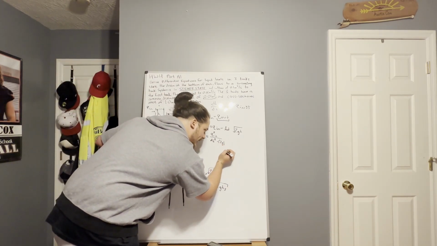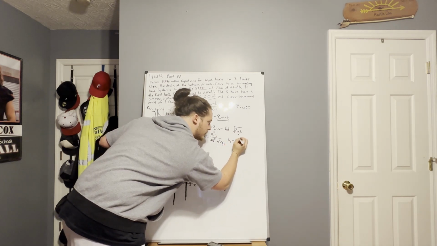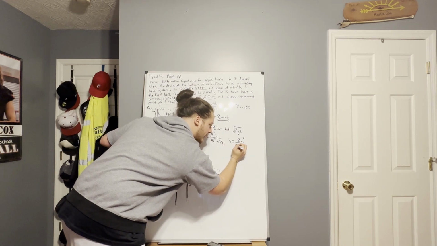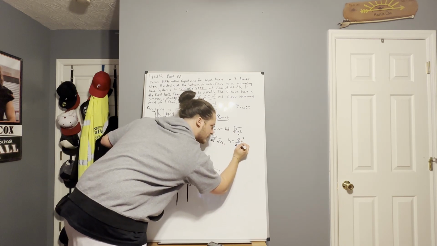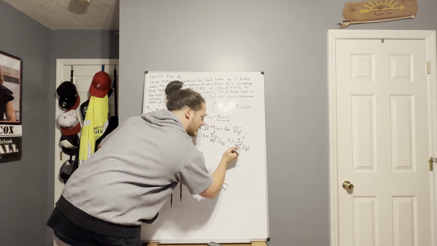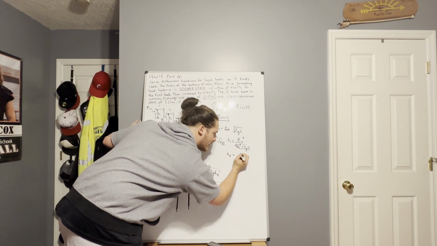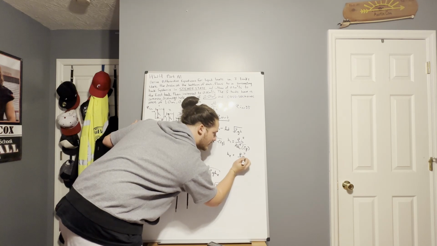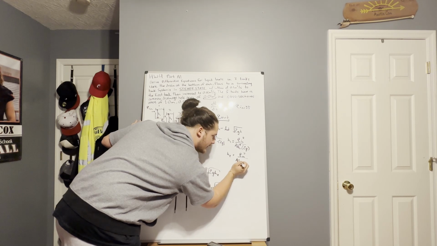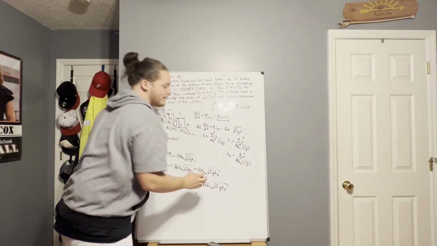So we can write that H1 is going to be equal to Qn squared over our drainage hole of hole 1 squared times 2G. And then for our height 2 is going to be the Qn squared, the inflow rate squared, times the drainage hole area of 2 squared times double gravity.